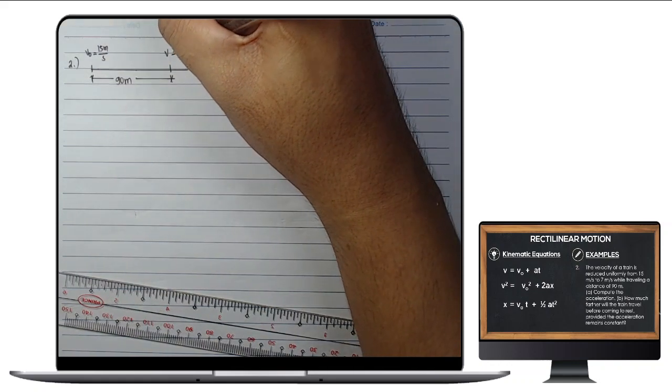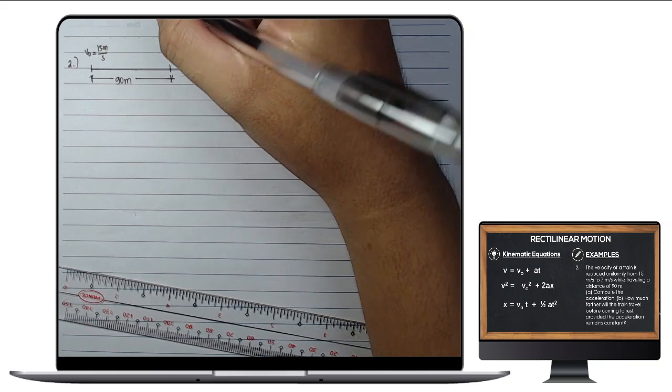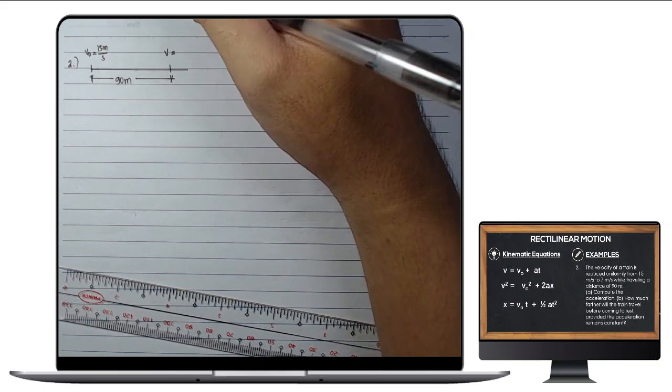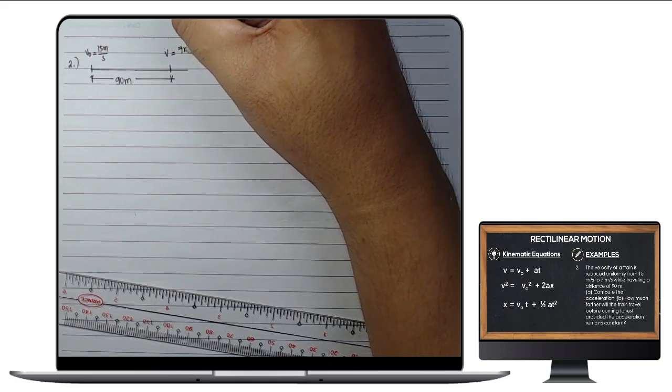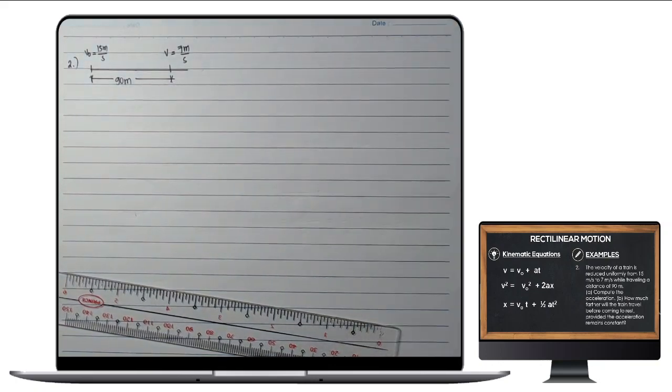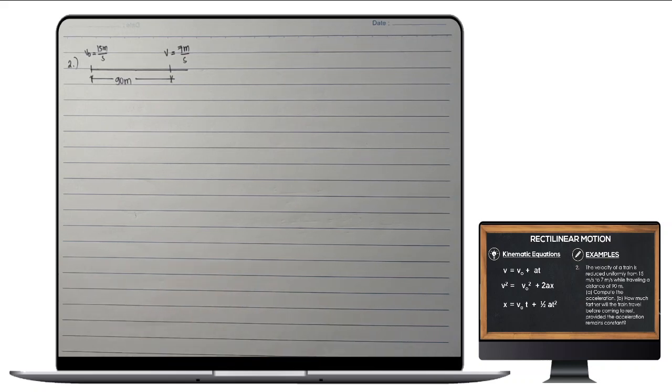So yung final velocity niya at this point is 7 meter per second. Okay? So pinapahanap sa atin is its acceleration. Okay? So yan.